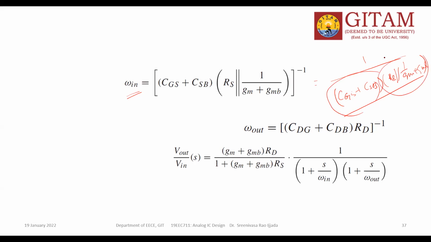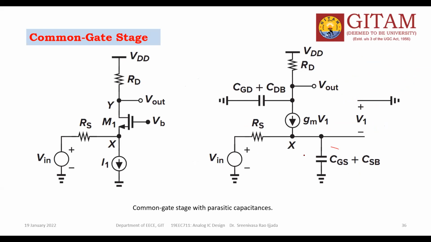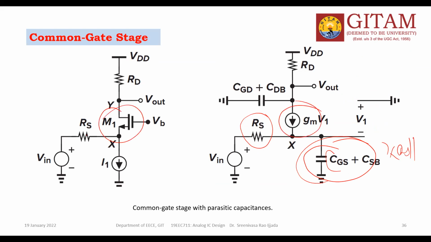Going back, gate to source and source to body is the capacitor, and this capacitor is multiplied with the resistance. What is the resistance? RS in parallel with the M1 resistance, which is 1 by (GM plus GMB). Understand?